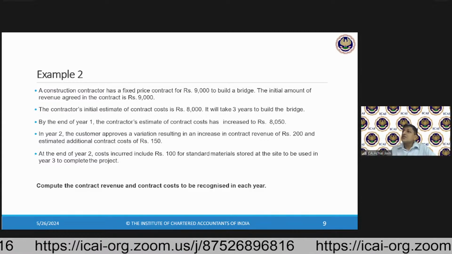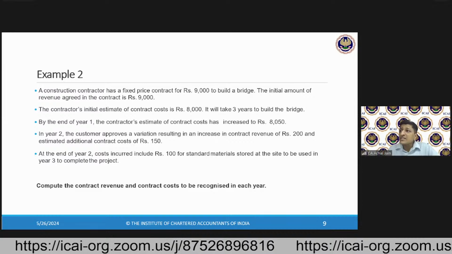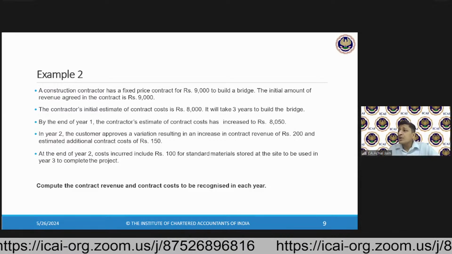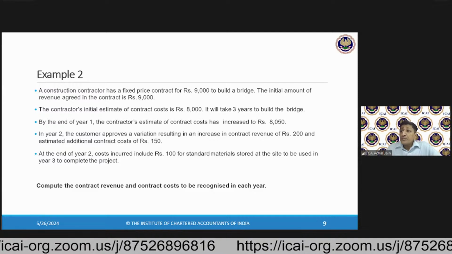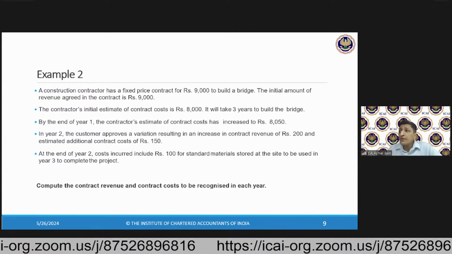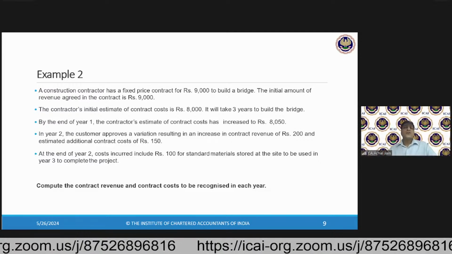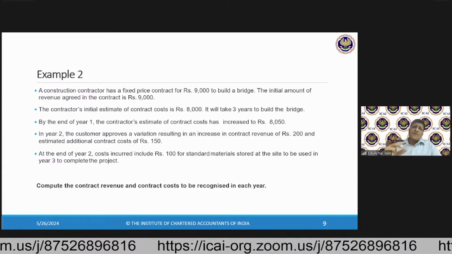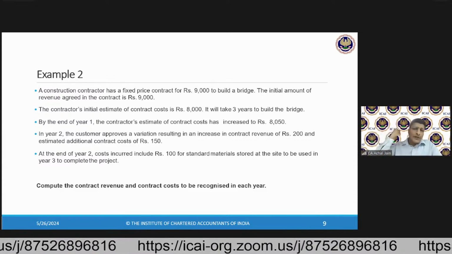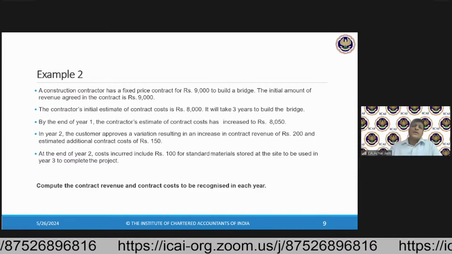Before that, Unni Krishnan has a query saying, once a loss is recognized, after actual completion, if it becomes profitable, then what do you do? No worries. That expense which you would have recorded will go to P&L. But let's suppose it turns into a profit.